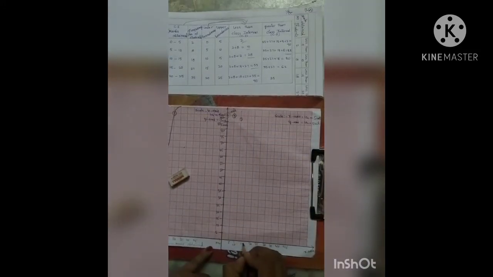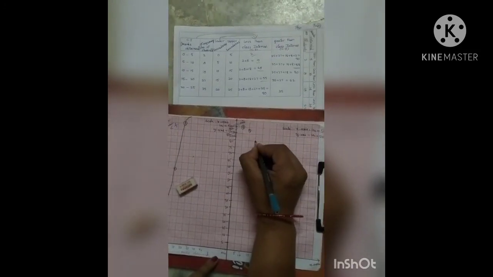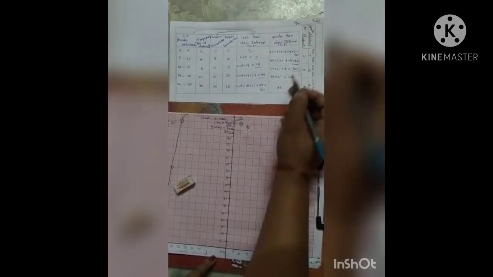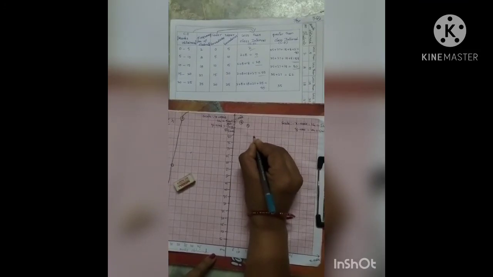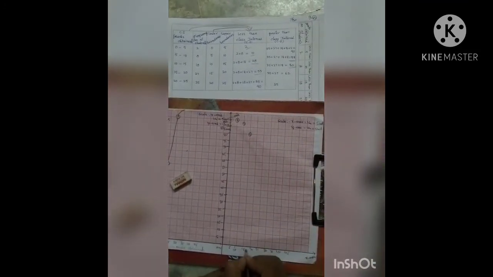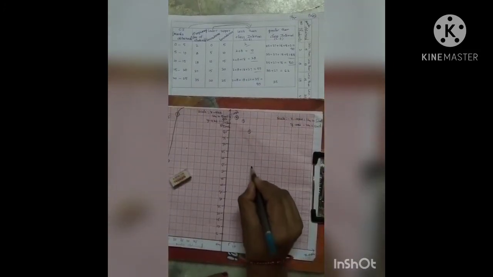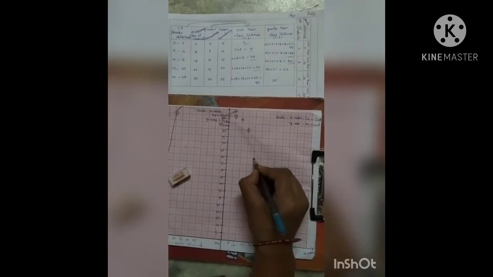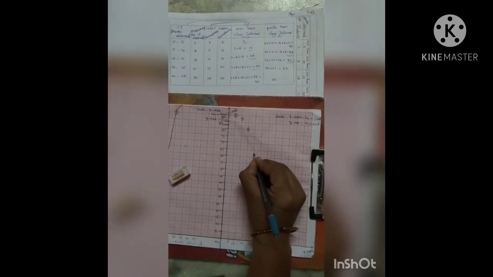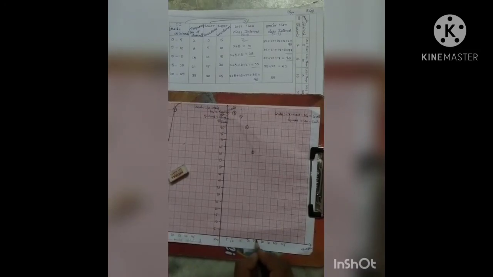Next, 10 to 15 is 80. And next, 15 to 20 is 62, 4 lines. Next, 20 to 25 is 35.